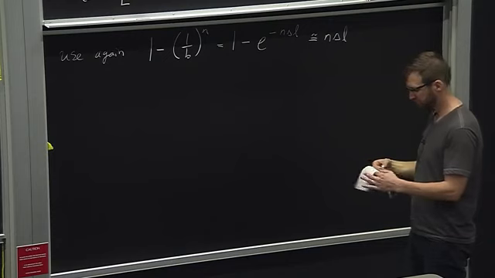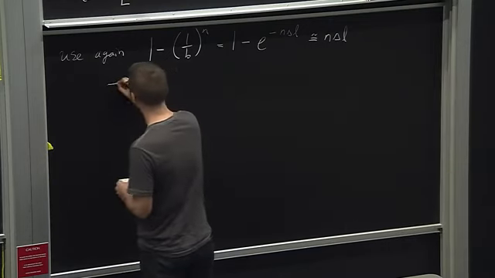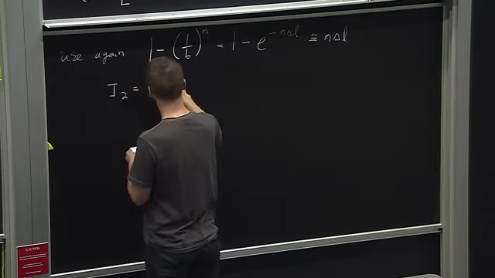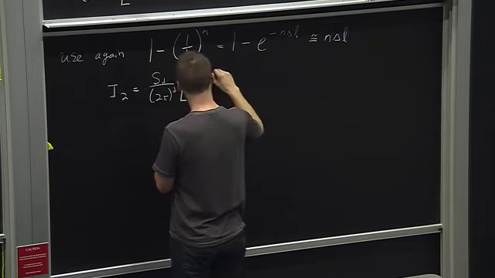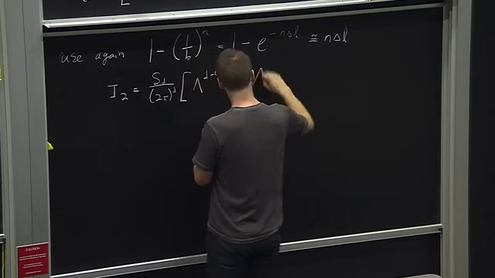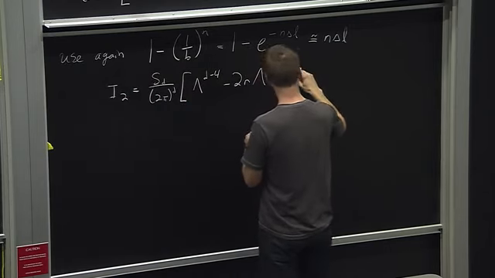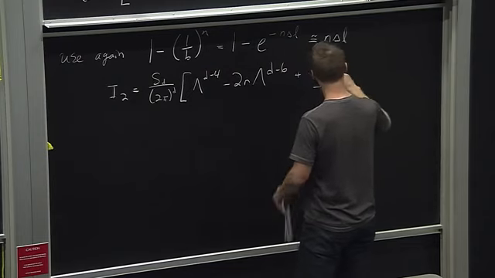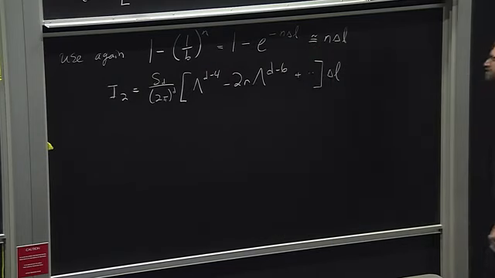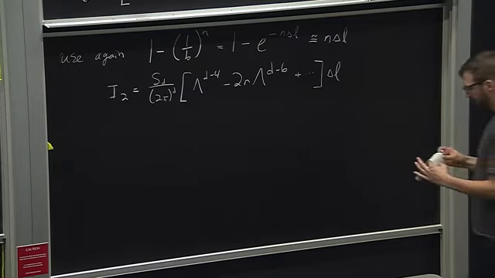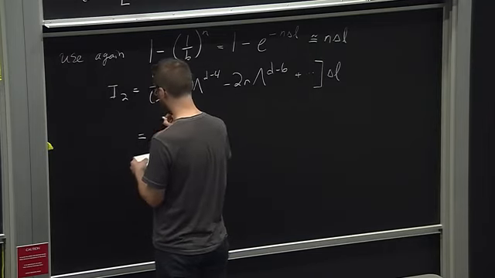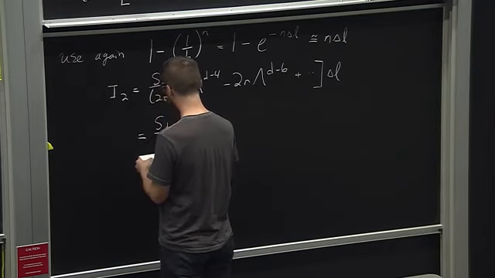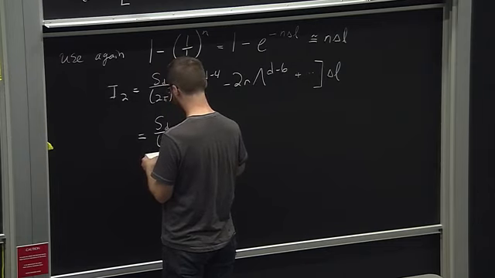So then I can write I2. There's all the cutoff dependence. And let me just keep those two terms. So this is what we'll use when we're talking about I2.